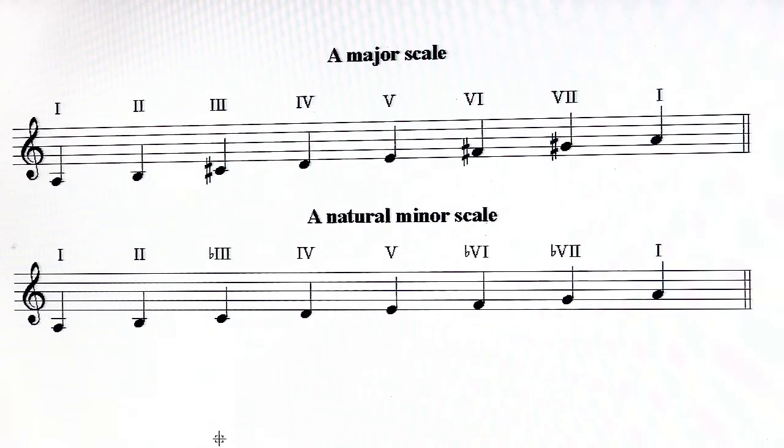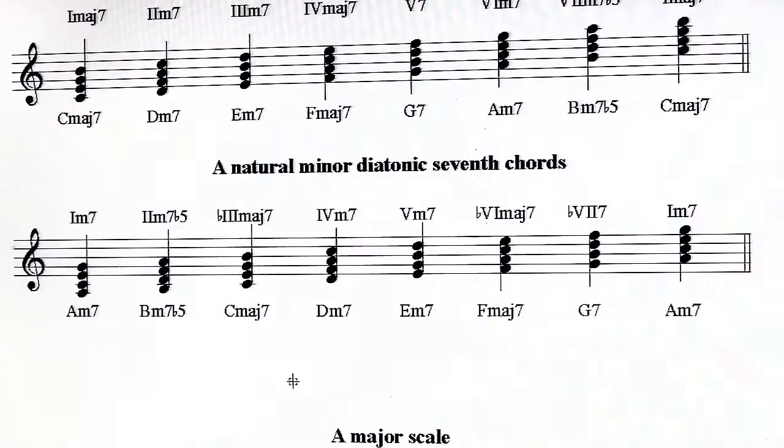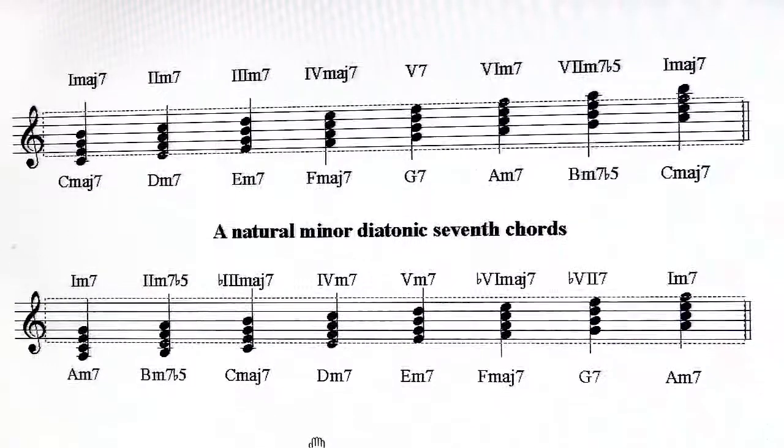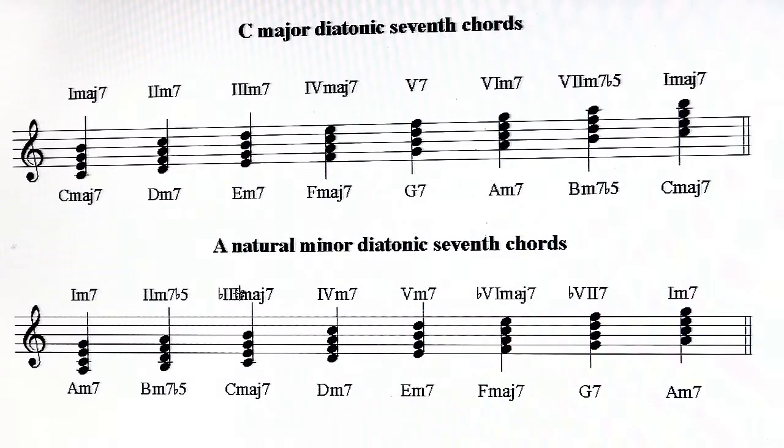So that is why they're referred to the way that they are, as flat 3, flat 6 and flat 7th. And if we take one more look at those up here, we'll see that we've got flat 3 major 7th, flat 6 major 7th, and flat 7 7th.